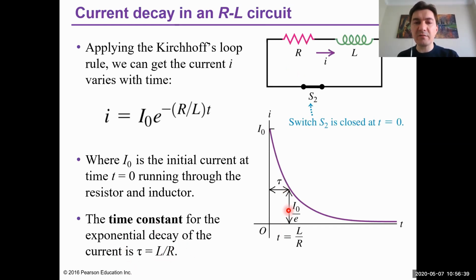At that time, the current drops from I0 to I0 over e. If you put the time constant L over R here, this term will be 1, and then it will be I0 over e, because this will be e to the power minus 1.